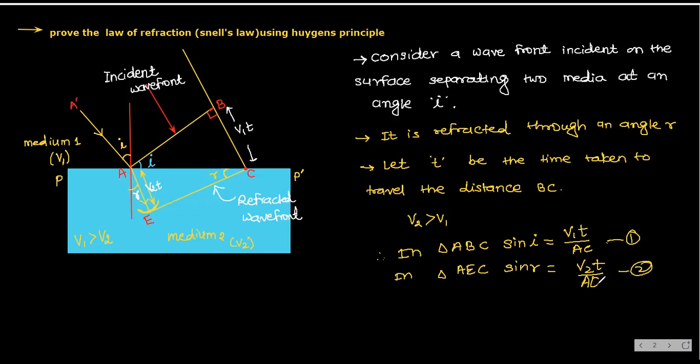What we got? V2T by AC, V1T by AC. We got sin I and sin R values. Yes, any doubt? Yes, V1T by AC and V2T by AC.